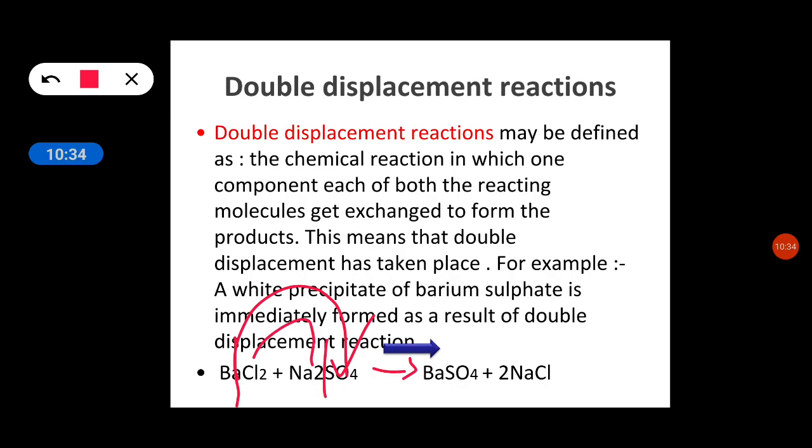Na reacts with Cl, so NaCl is formed. Here two compound reactants are there. They are dissociated and just displaced to each other. Double displacement takes place and we are getting the double displacement product.